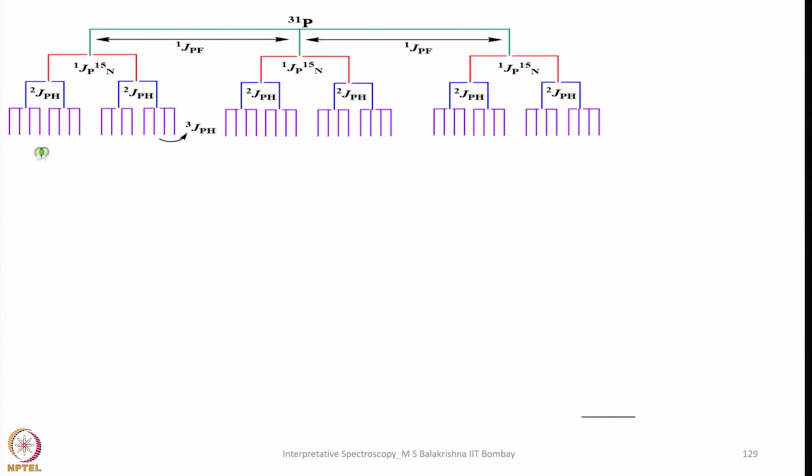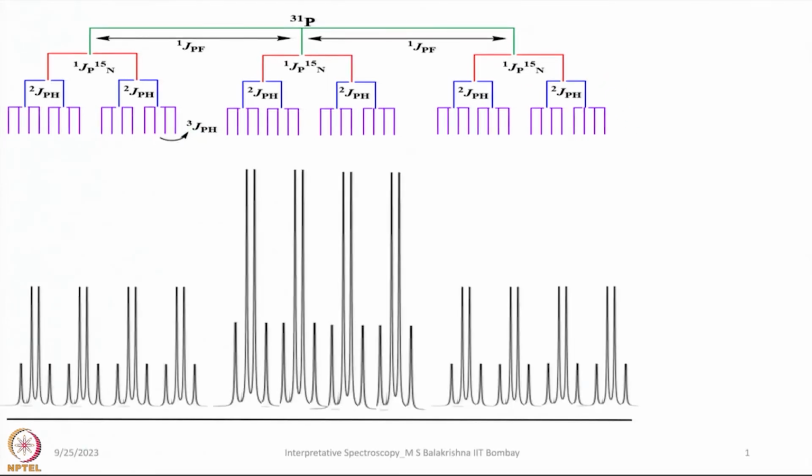Then each line is coupled with 3 hydrogen atoms present on silicon to give a quartet in 1:3:3:1 ratio. If you count all of them, we have totally 48 lines, and that 48 line spectrum looks something like this. The original 1:2:1 ratio we saw here is retained, and these doublets are 1:1:1, which is also maintained.